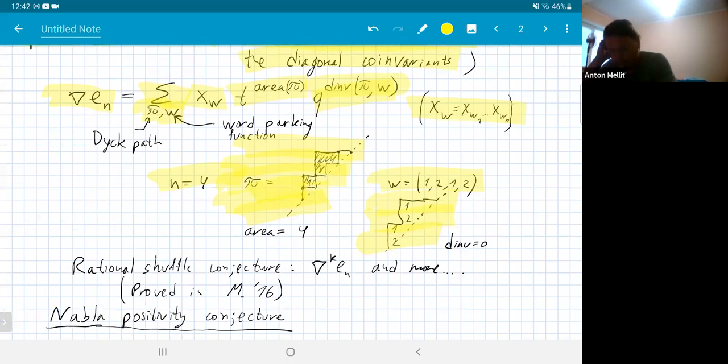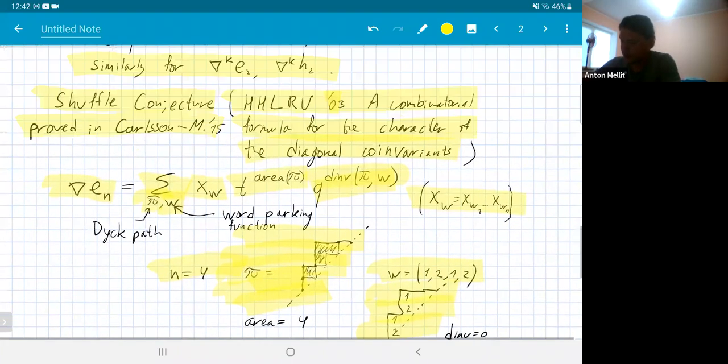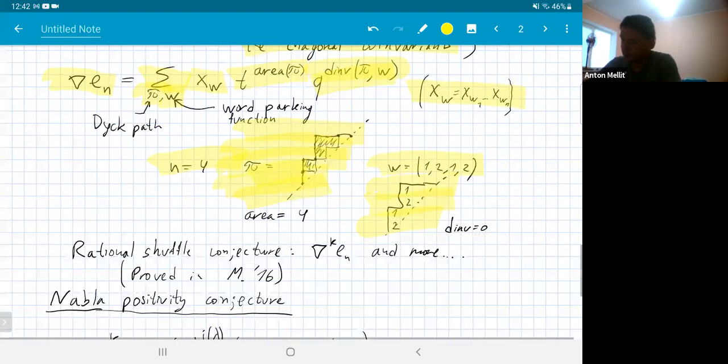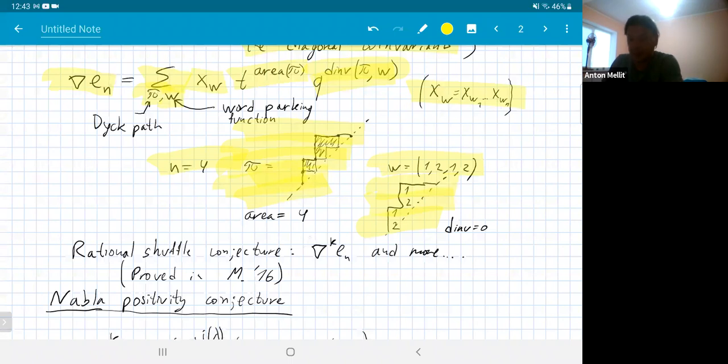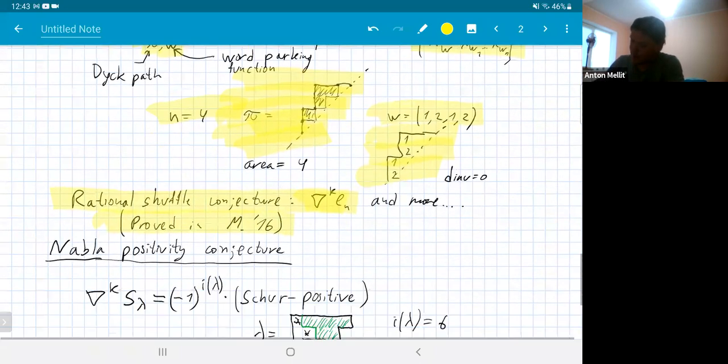So this is the shuffle conjecture. If you are wondering about higher powers of Nabla applied to En, this is covered by the rational shuffle conjecture, which was proved a year later.